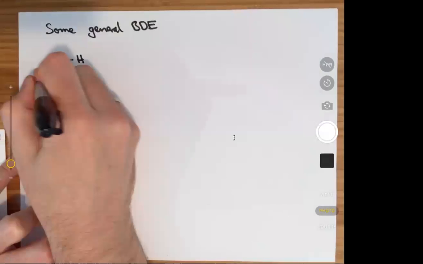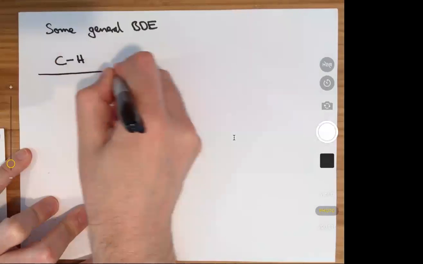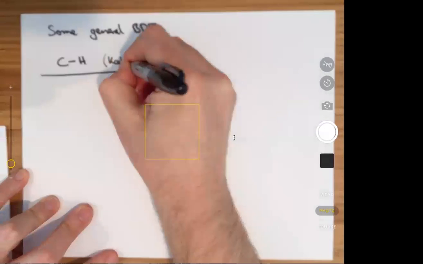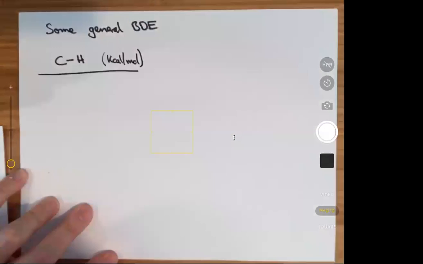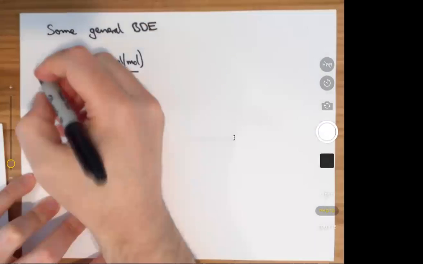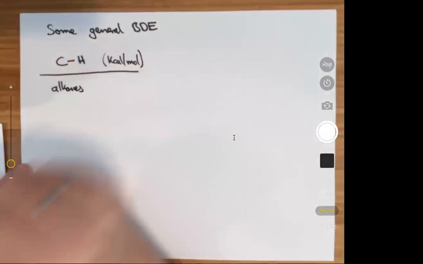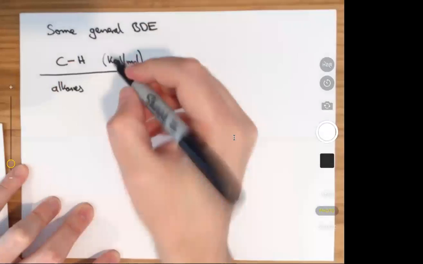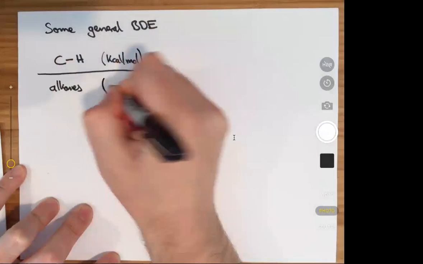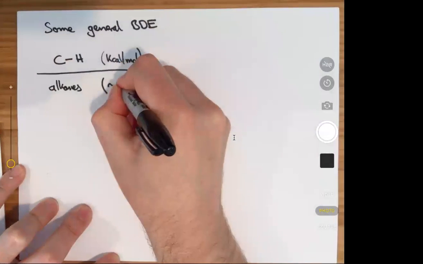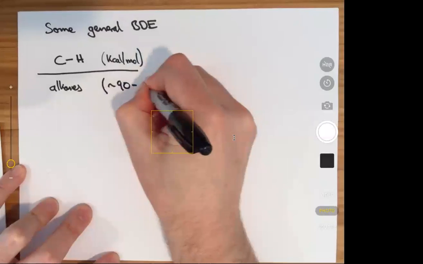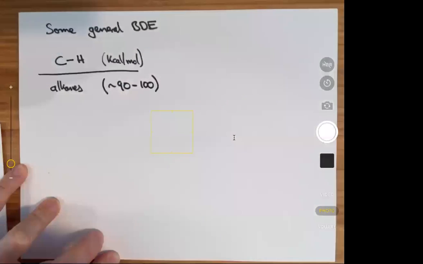Let's make a table here. All these energies that I'm going to display are going to be in kilocalories per mole. If we talk about simple saturated alkanes, the bond dissociation energy for the CH bond is usually around 90 to 100 kilocalories per mole.